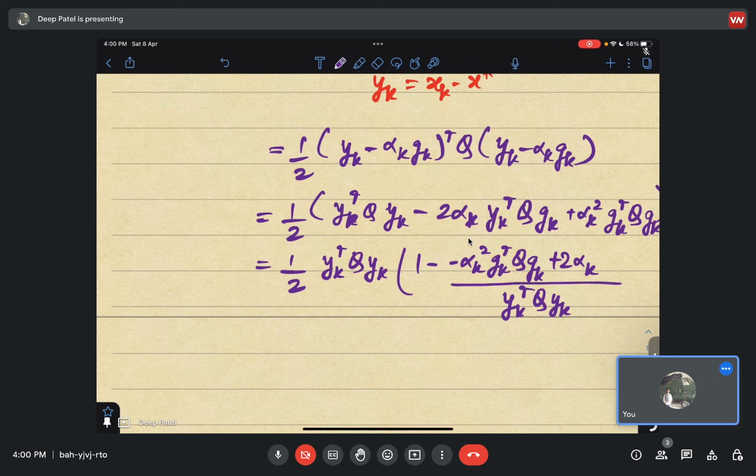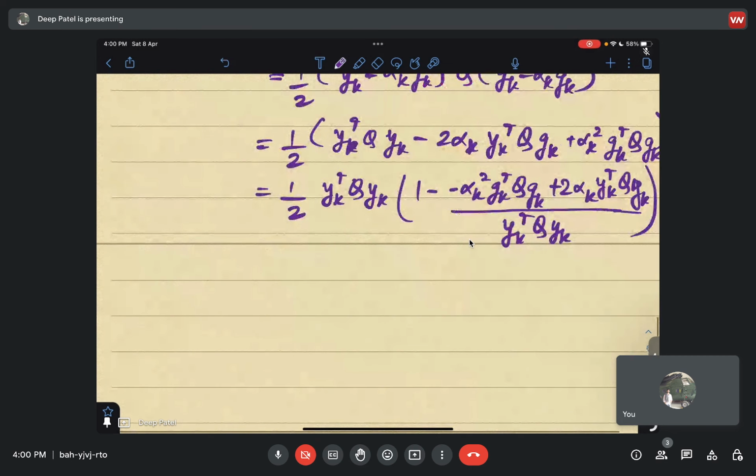So far so good. I'm just expanding the terms. I have not done anything new. I'll just shuffle that term; I forgot that there is a minus sign there.